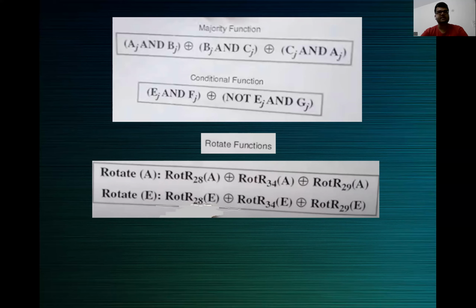And the rotate functions which you can see here are rotate A, which is ROTR28 bracket open A bracket close XOR ROTR34 bracket open A bracket close XOR ROTR39 bracket open A bracket close, and rotate E, which is ROTR14 bracket open E bracket close XOR ROTR18 bracket open E bracket close XOR ROTR41 bracket open E bracket close.